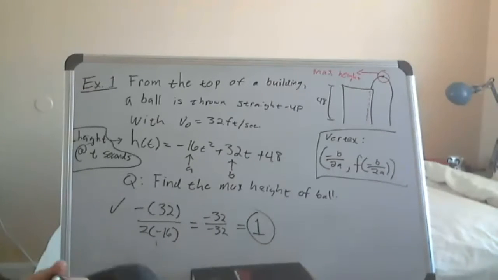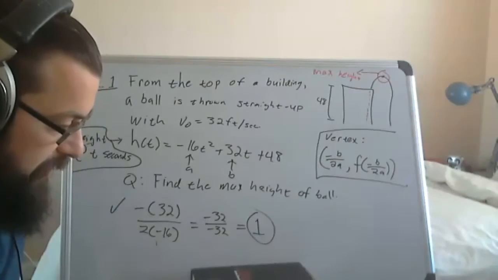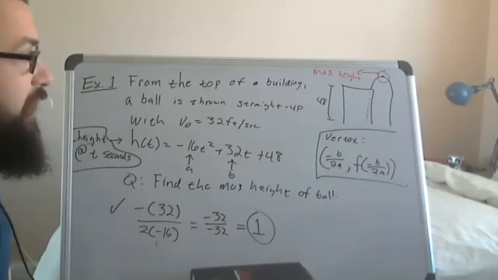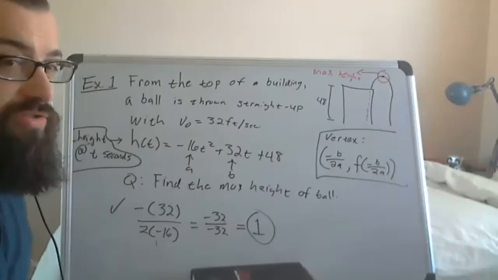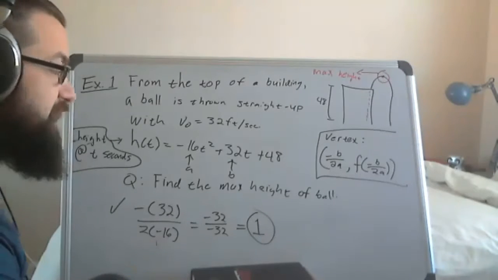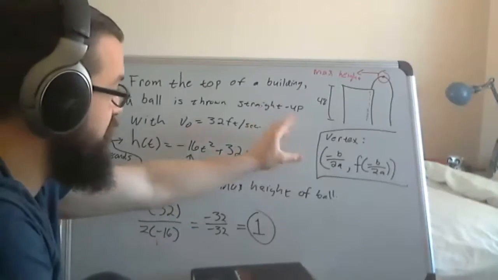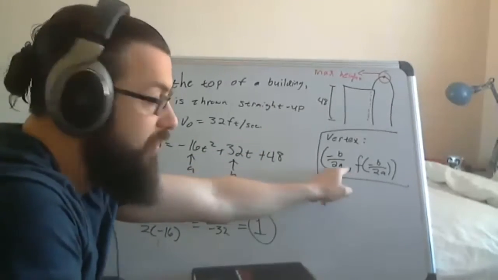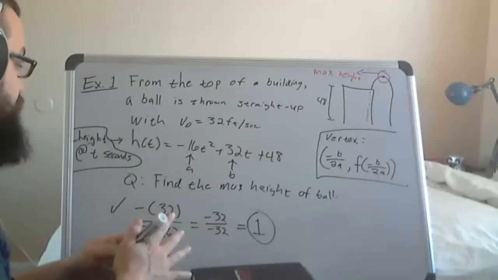Now, just like with other word problems in general, if you're thinking about physically what's going on, sometimes you can catch yourself in an answer to see if you've made a mistake or not. What I mean by that is, in this case, our x and y values for this problem are actually t and h.